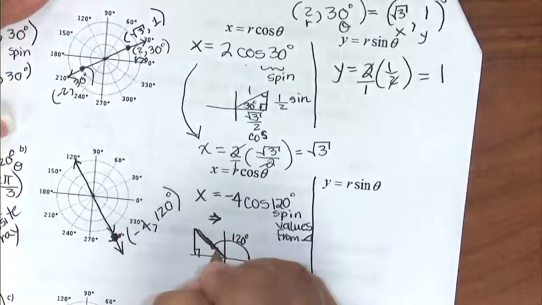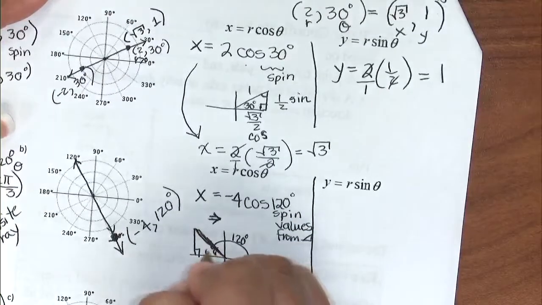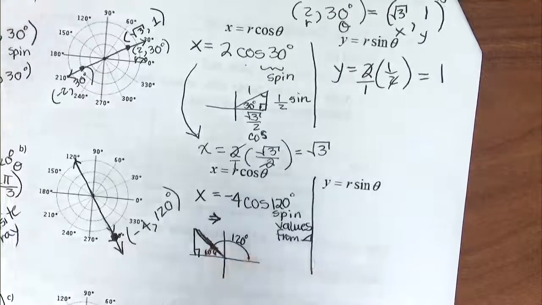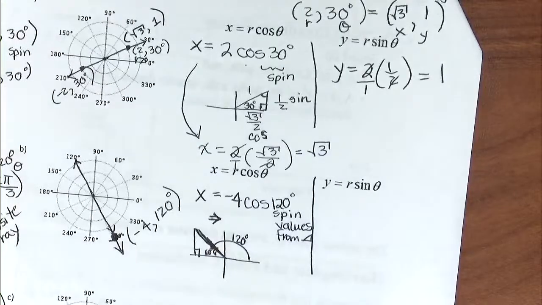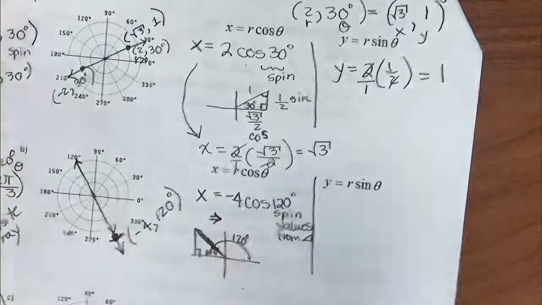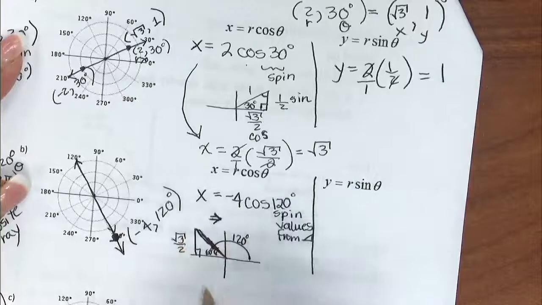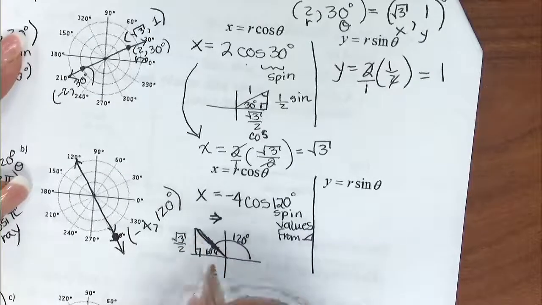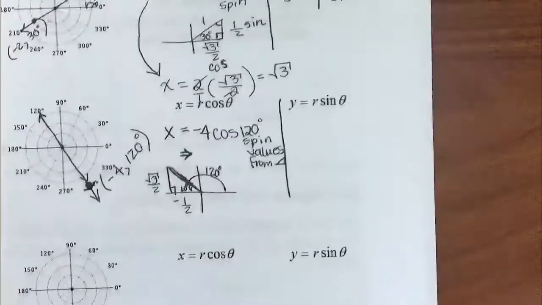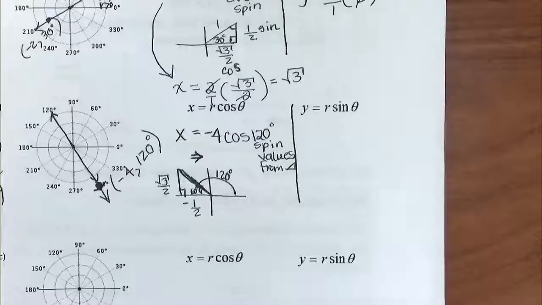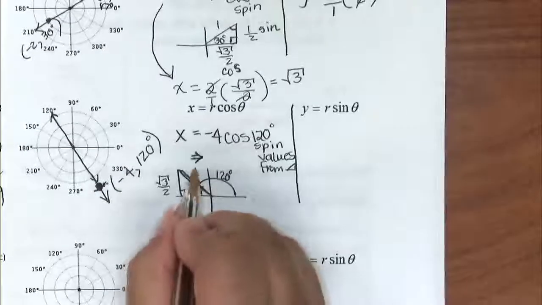What's this little angle? Okay, so put a 60 there. And then you see it's just the same theme over and over again. Across from the 60, the long leg. Across from the 30, the short leg. So this would be square root of 3 over 2. The 30 would have been up here, which would make this a 1/2, but negative. All right, and then, of course, the 1 is the hypotenuse.